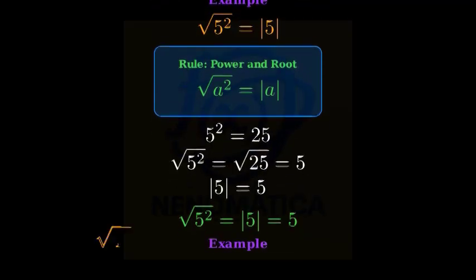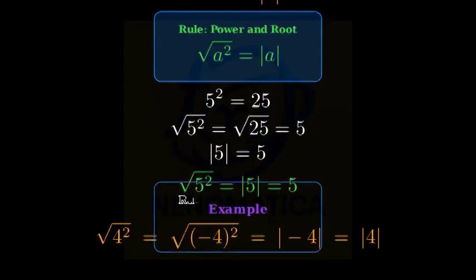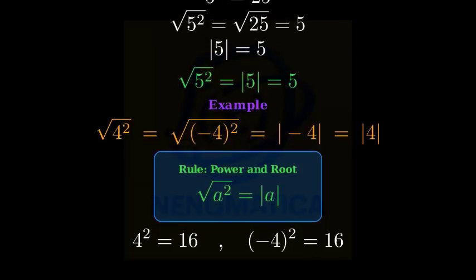Let's examine one more example, which is slightly more complex. Here, we want to verify that the square root of 4 squared equals the square root of (-4) squared, which equals the absolute value of -4, which equals the absolute value of 4. We'll apply our rule again. Step 1. Let's evaluate 4 squared and (-4) squared. 4 squared is 16, and (-4) squared is also 16.